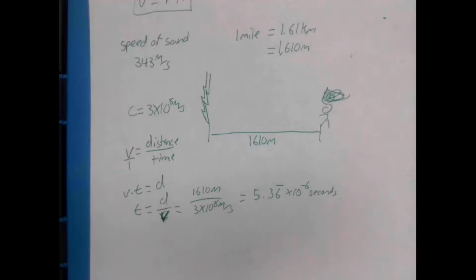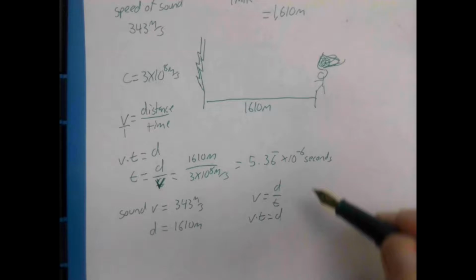Distance is still the same, 1,610 meters. And so velocity or speed is equal to distance over time. It's the same thing. Velocity times time is equal to distance, multiplying both sides by time. And then dividing by velocity, we get that time is equal to distance over velocity.